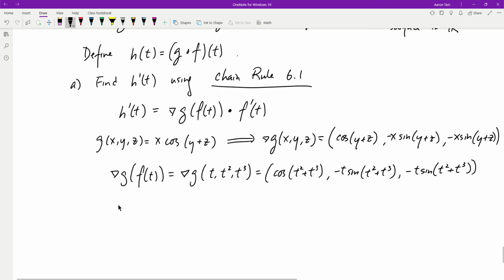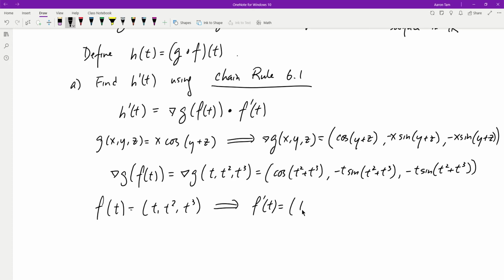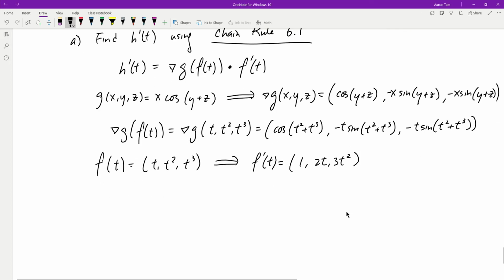Next, I need to find f prime of t. f of t is equal to (t, t squared, t to the third). Therefore, f prime of t should equal (1, 2t, 3t squared). Now I'm ready to form h prime. h prime of t is just the dot product between these two things.